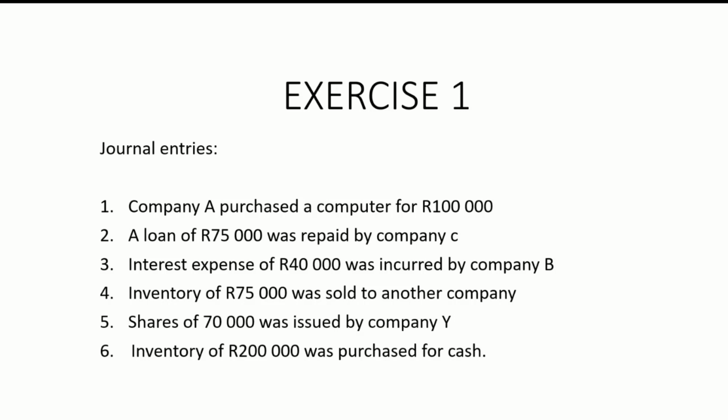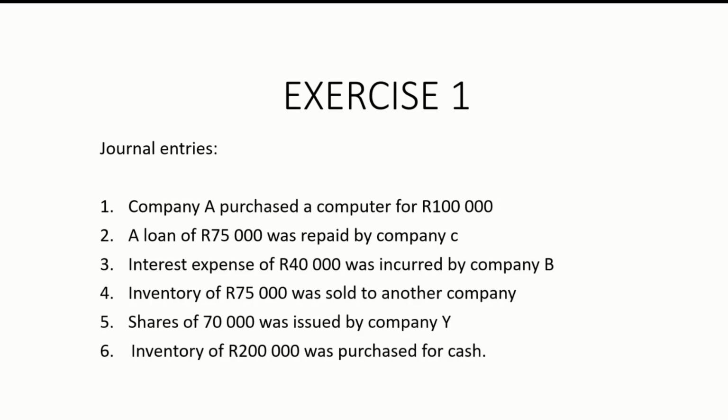So exercise 1, journal entries. Company A purchased a computer for 100,000. What is the journal entry? Who will give that to me? It's a computer. We debit a computer because it's an asset, and assets increase on the debit side, of 100,000.